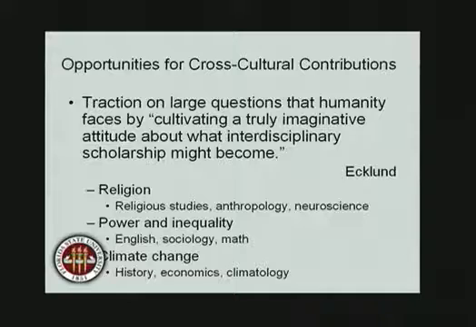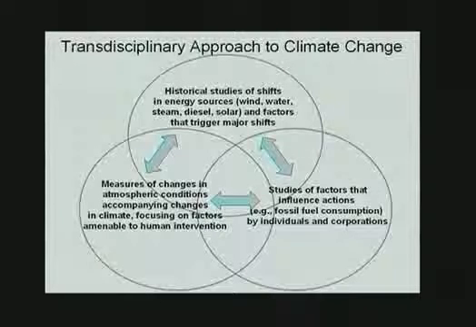On the slides here, we put several examples. We could study religion through religious studies, anthropology, and neuroscience. Power and inequality: this one seems very diverse, but I think we could be imaginative and figure out how to put these three together: English, sociology, and math. Climate change: history, economics, and climatology.